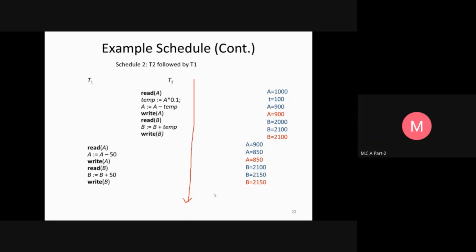So if we check for consistency, A is 850 and B is 2150. The sum of A plus B at the start of the transaction schedule is the same as the sum of A plus B at the end of the schedule. So this schedule is a serial schedule, T2 followed by T1, and it leads to a consistent state.